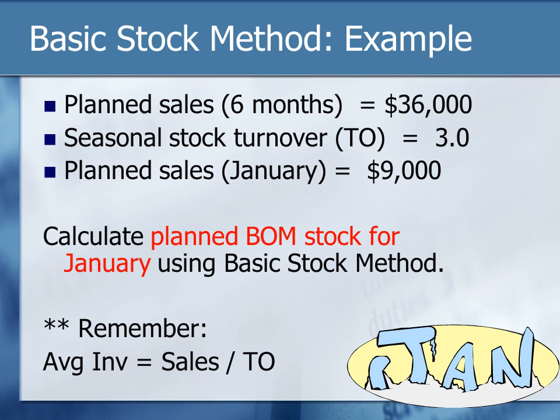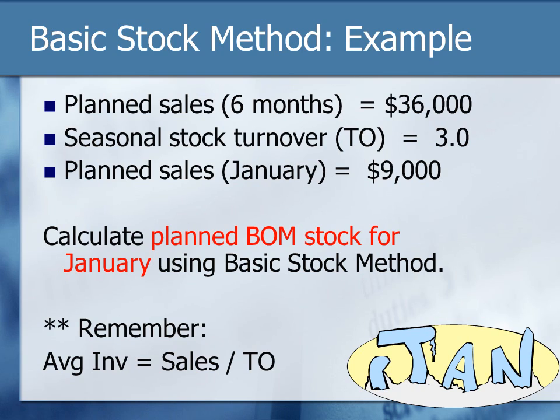So you've got seasonal sales and seasonal turnover planned out, and also you know your plan for January sales for this year. If you know this, then what would be the planned BOM stock for January if you use the basic stock method to plan stock levels?